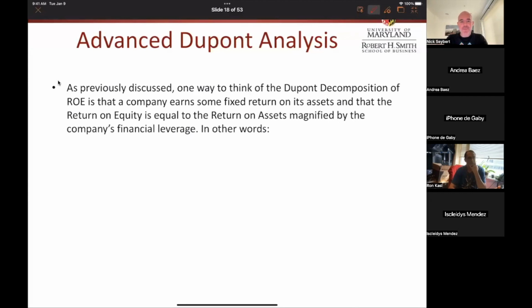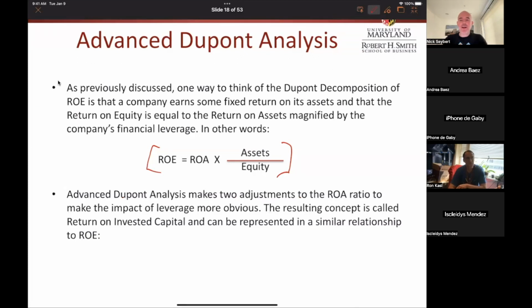All right, so again, this is like the third time this guy's come up, right? When you have leverage, leverage magnifies whatever return you're earning on your assets, and that magnification is what goes out to equity holders in terms of ROE. Okay. Advanced DuPont analysis, and we'll talk about what the adjustments are in a second.